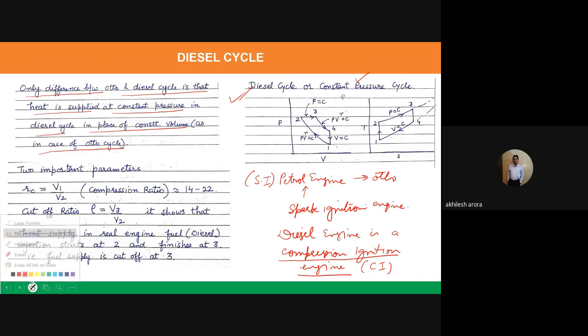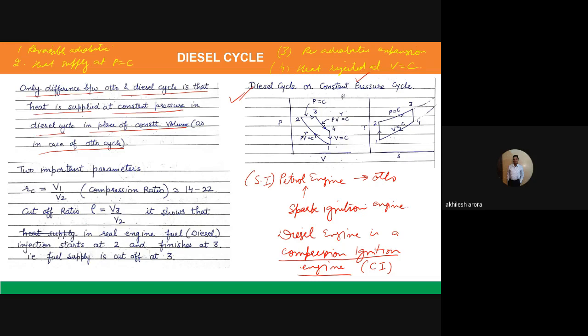So basically the diesel cycle comprises four processes. The first process is reversible adiabatic compression. The second process is heat supply at constant pressure, and the third process is again reversible adiabatic expansion, and the fourth process is heat rejected at constant volume.